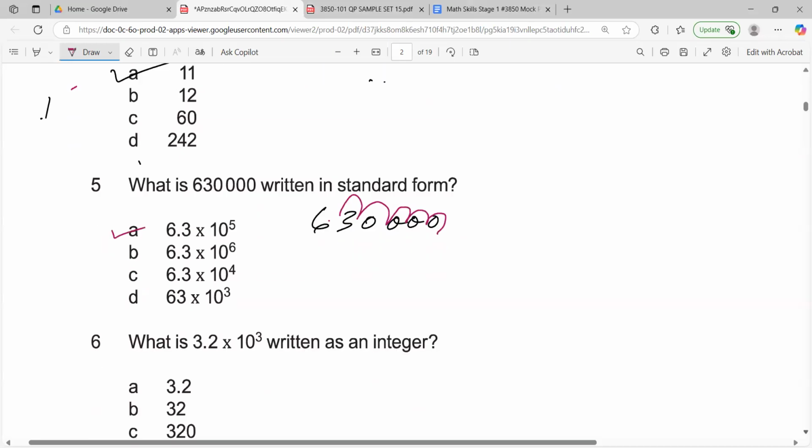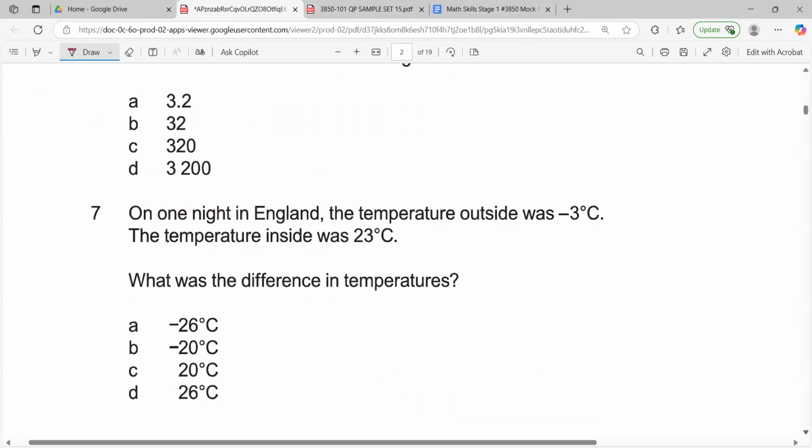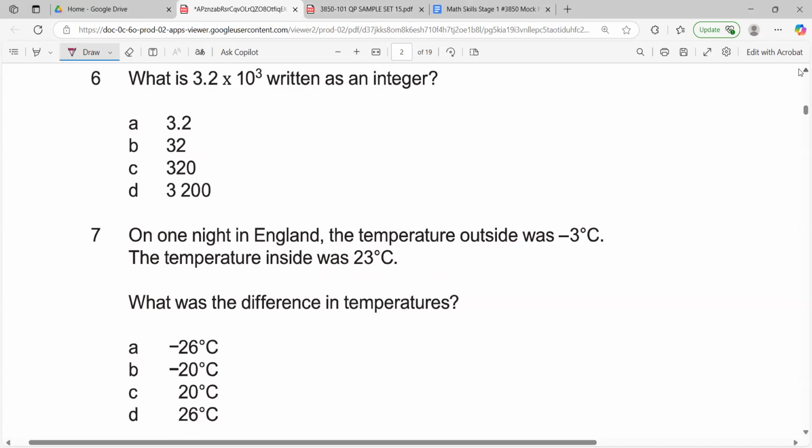3.2 times 10 to the third power would be a cakewalk, right? Look at 7 now, and then 8.